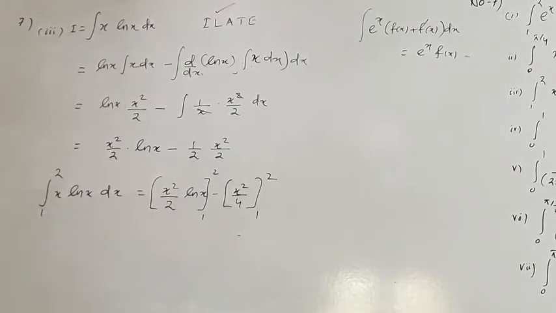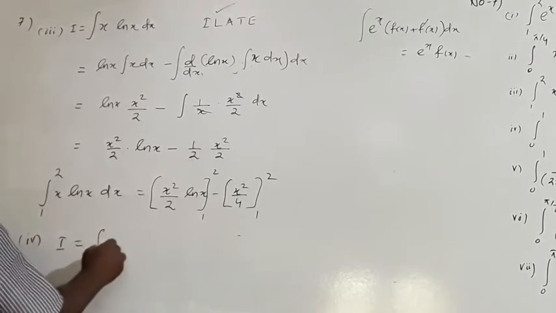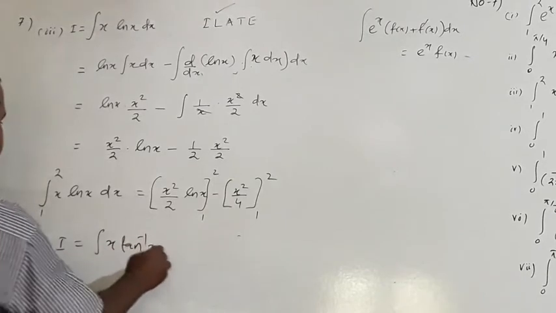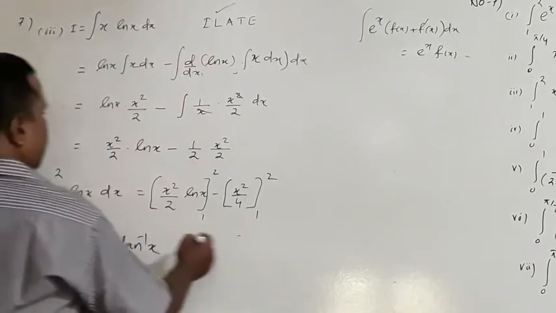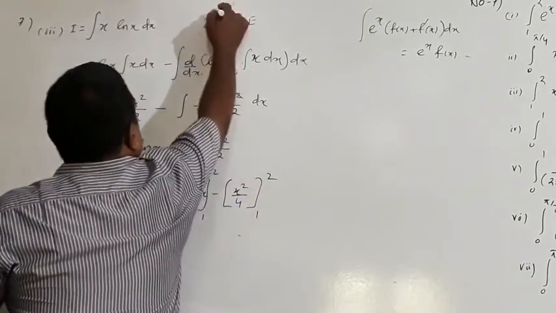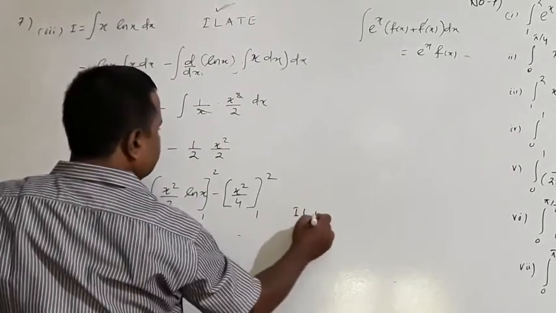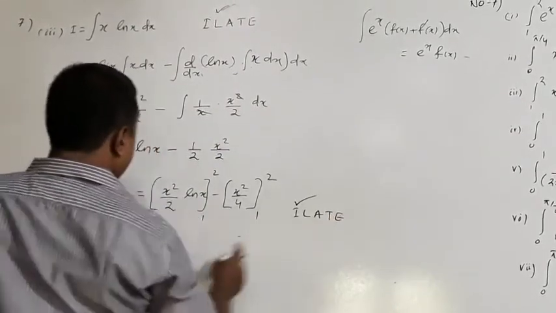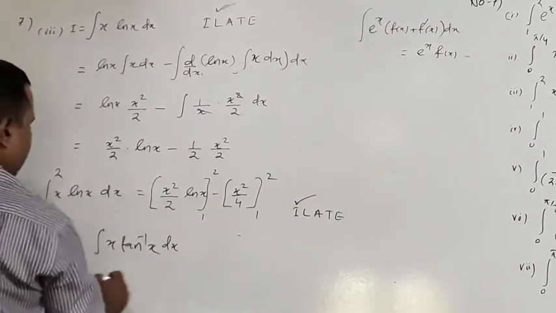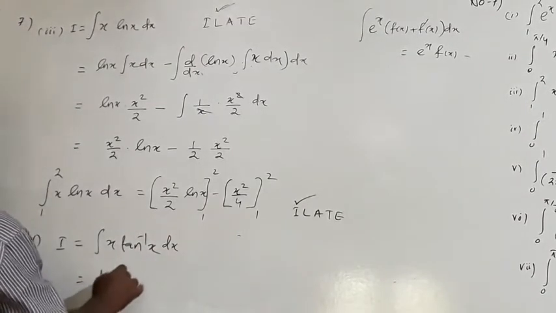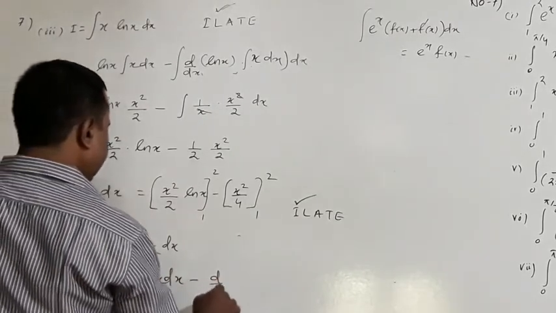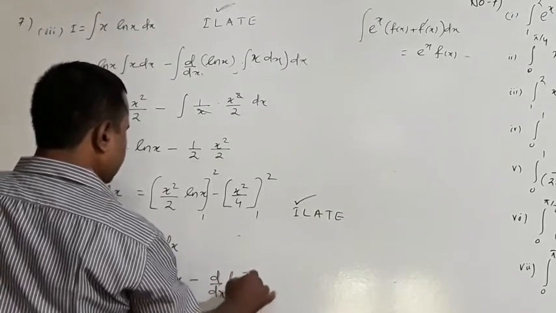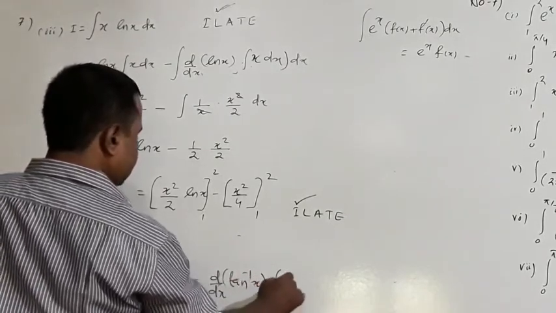Then x tan inverse x. What will happen? First you have to integrate. x tan inverse x is what? Inverse trigonometry, then algebra. So in the ILATE formula, I means inverse trigonometry. An inverse trigonometry function is there. Then what you have to do? First, into the integration of x dx, minus the derivative of first into the integration of x dx.